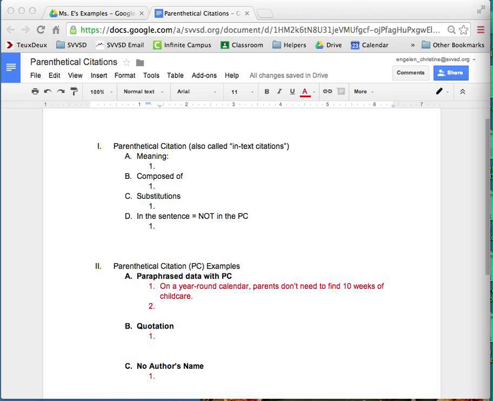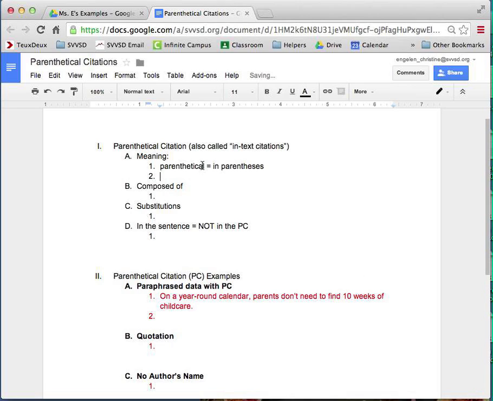So they are called parenthetical citations or in-text citations, and you will often see me use the abbreviation PC because, frankly, a parenthetical citation is just way too long to type all the time. A parenthetical citation is called that because parenthetical means in parentheses. If we take the word parenthetical and interrupt it here, we end up with parentheses.